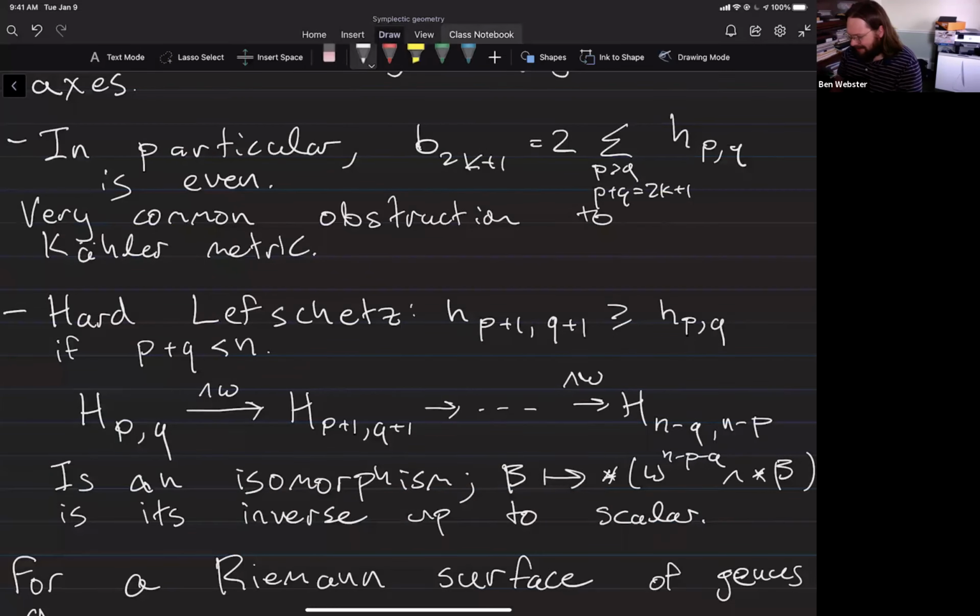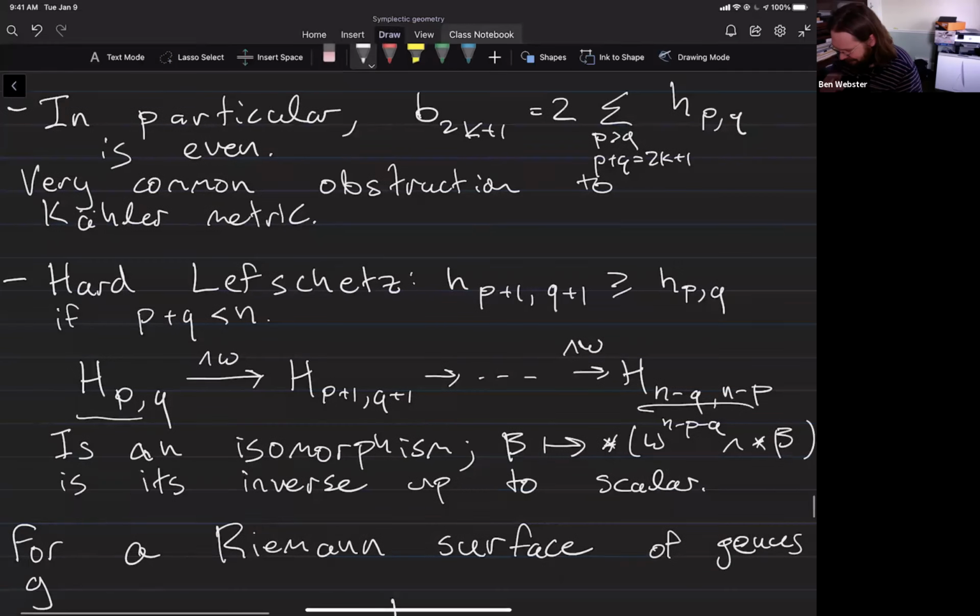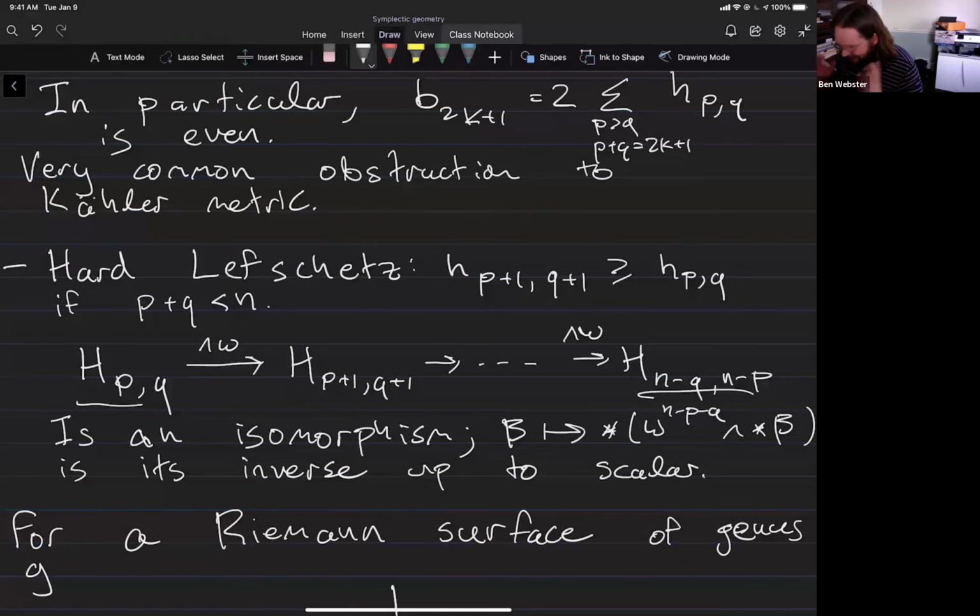So that's maybe a more satisfying answer for why this is true, but it requires you to know about the representation theory of SL2. And I think you don't really need it. Somehow the important point here is that between these two groups, wedging with the symplectic form always sends non-zero forms to non-zero forms. If you really think about the linear algebra, it's pretty simple.